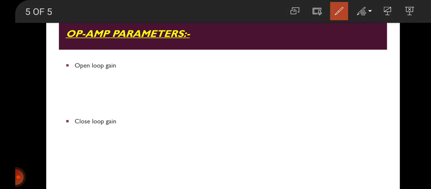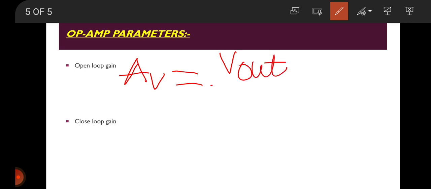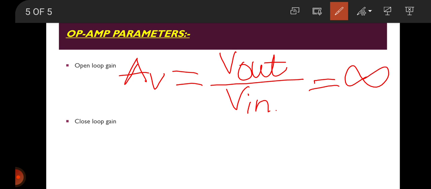It is expressed as AV, that is open loop gain, equals Vout upon Vin, that is output voltage to the input voltage. That's simply gain. For ideal op-amp, it is infinite. For IC741, open loop gain is this much.